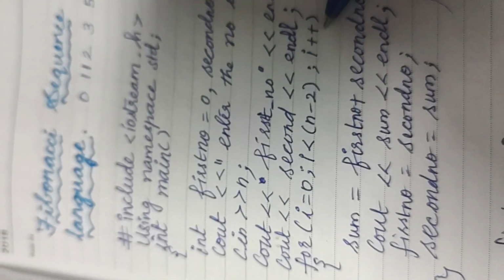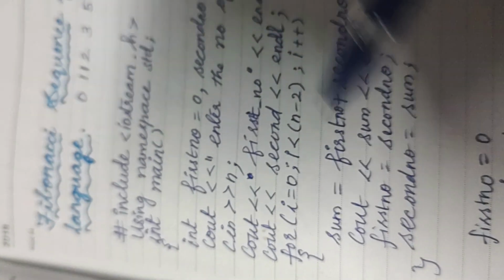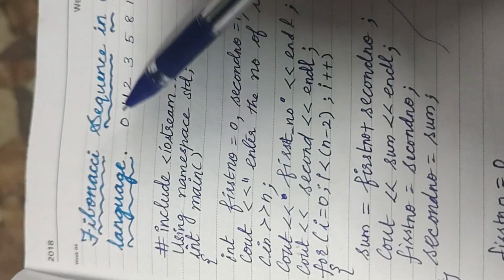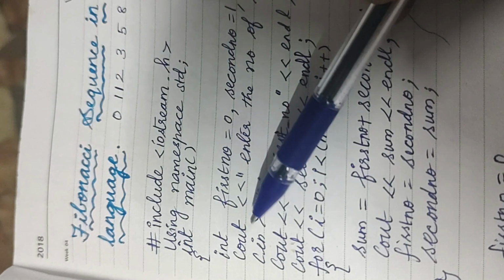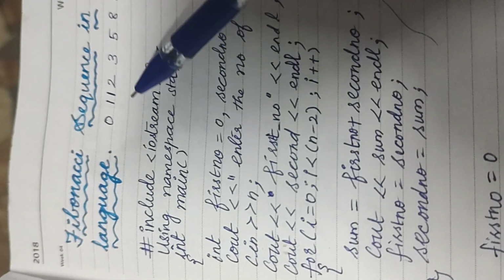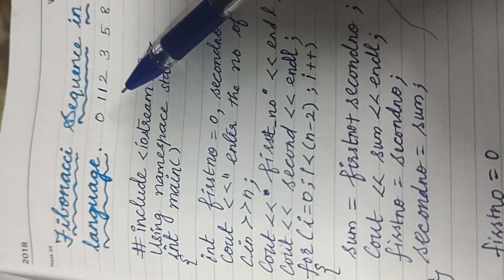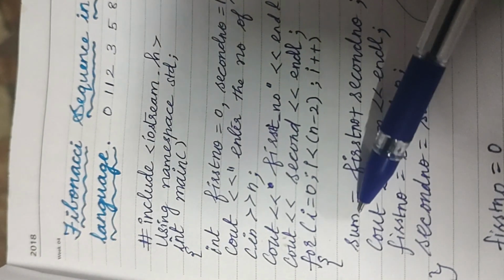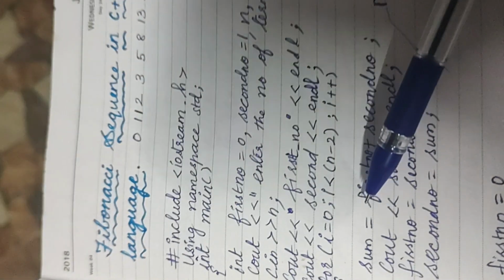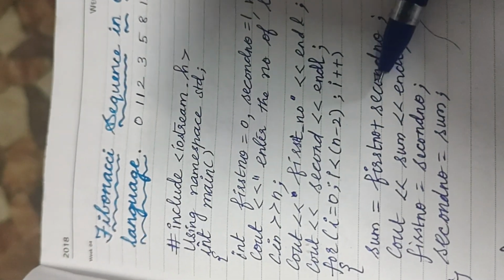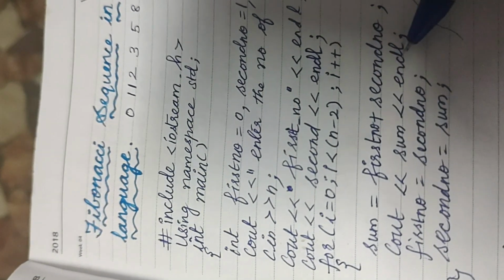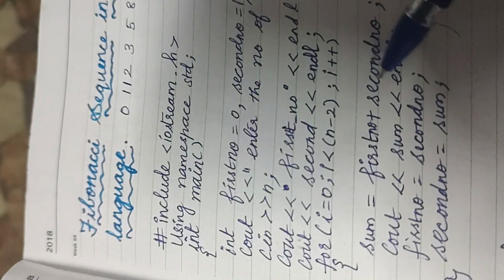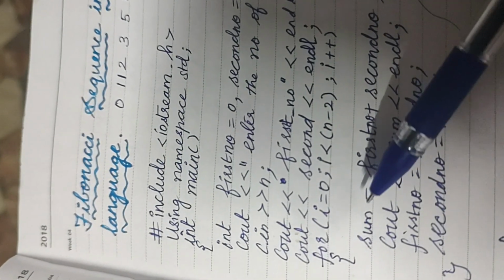Then the i value is incremented by 1. The first 2 terms, 0 and 1, have been printed by these 2 cout statements. Then the next term is printed by adding like this: sum is equal to first number plus second number. The first number is 0, the second number is 1, so the value is 0 plus 1, which is 1.